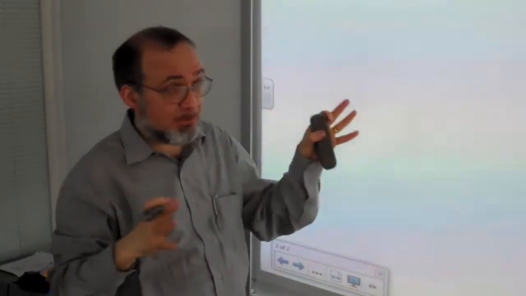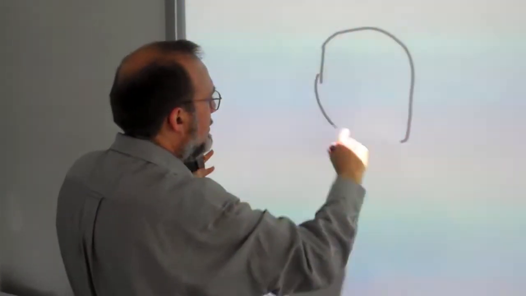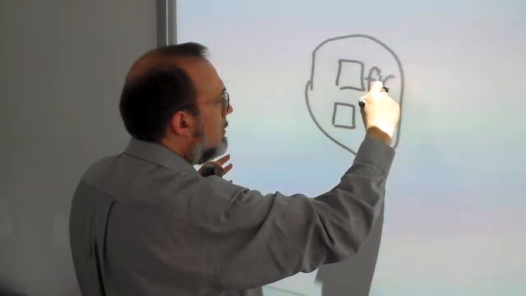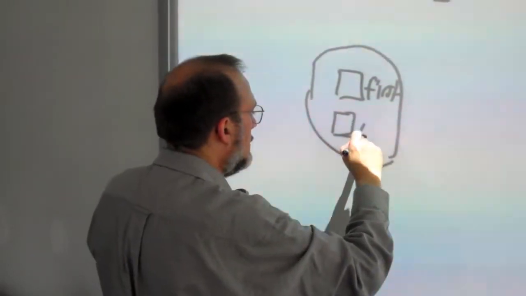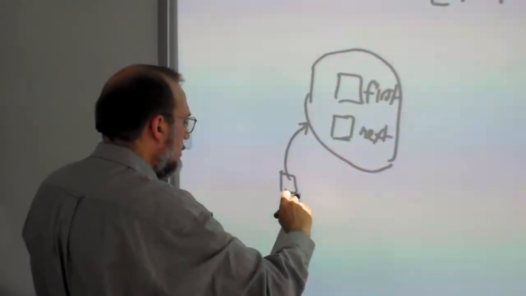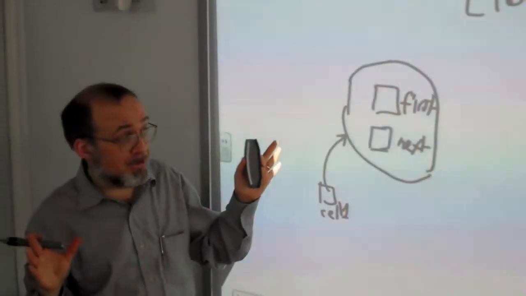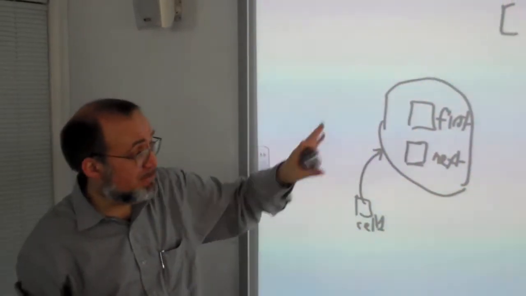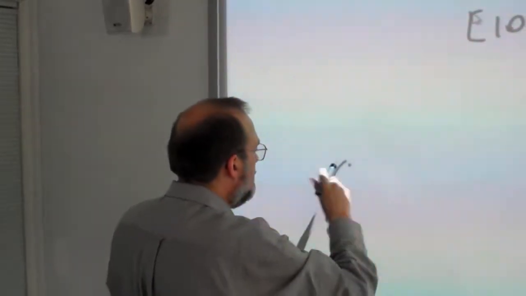Now, the linked list representation of that, well, we've seen previously a cell object with the first and next fields, but as we've seen in the notes, there is a simpler way of writing this to indicate that a cell object consists of two parts, the cells and pointers diagram.